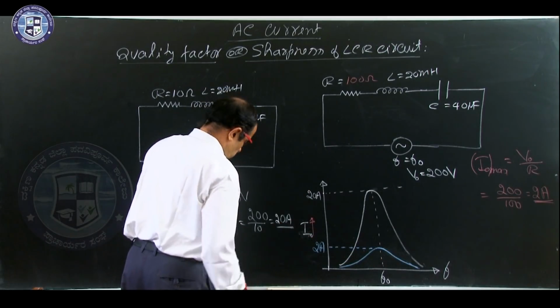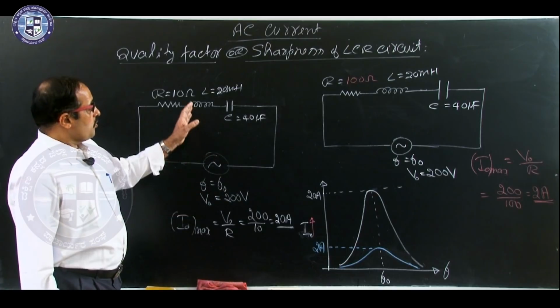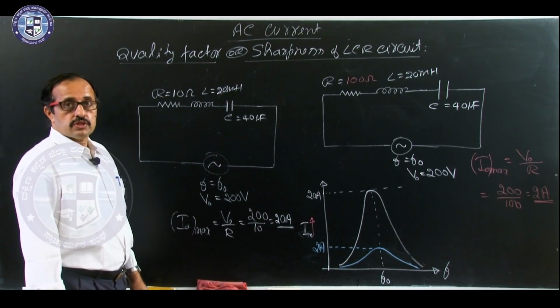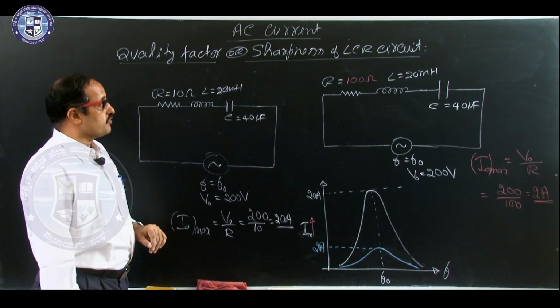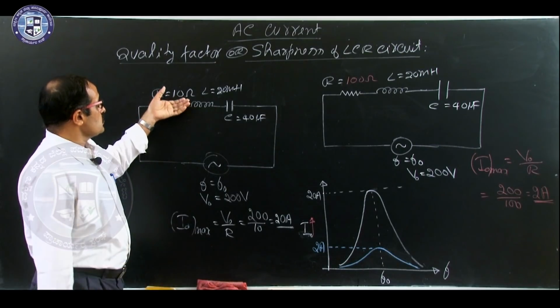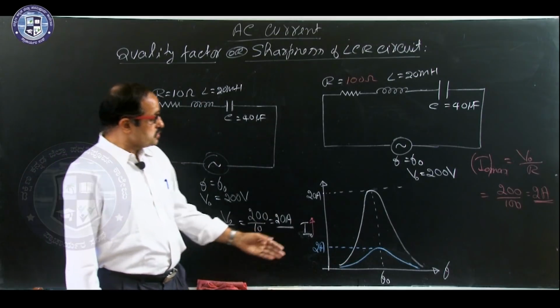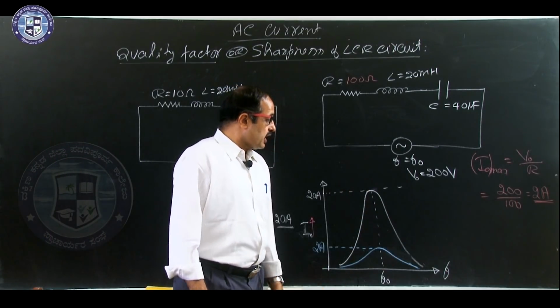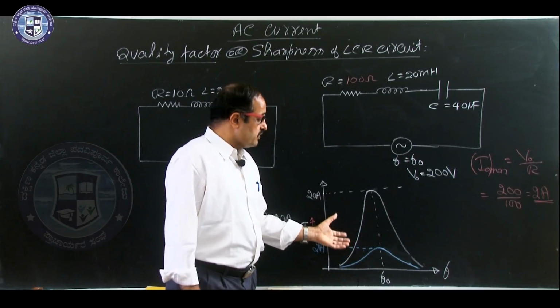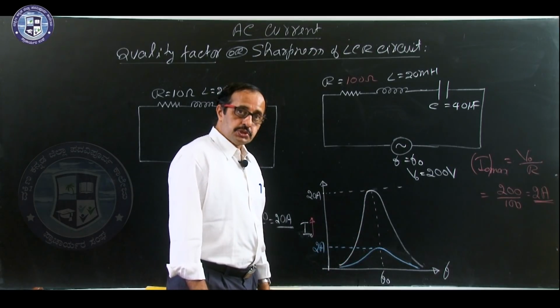Okay. So, now it is very clear, both the circuits have got the same resonant frequency, but in the first circuit R is 10 ohm, in the second circuit R is 100 ohms. Therefore, if you look at the graph of variation of current with the frequency, it is like this.